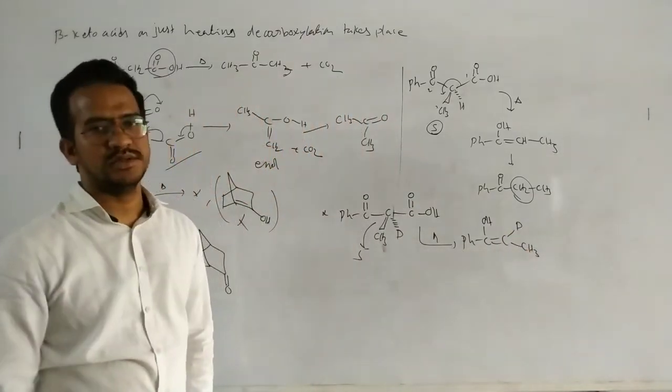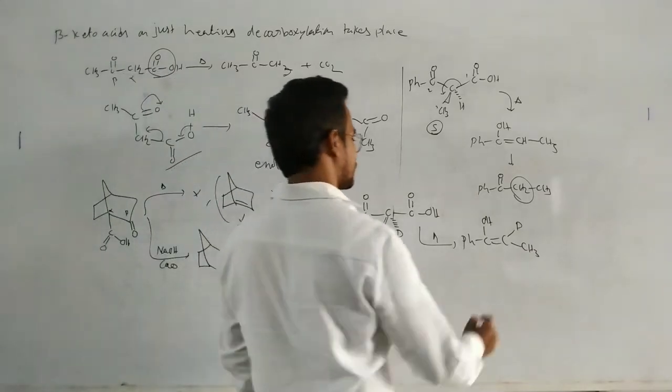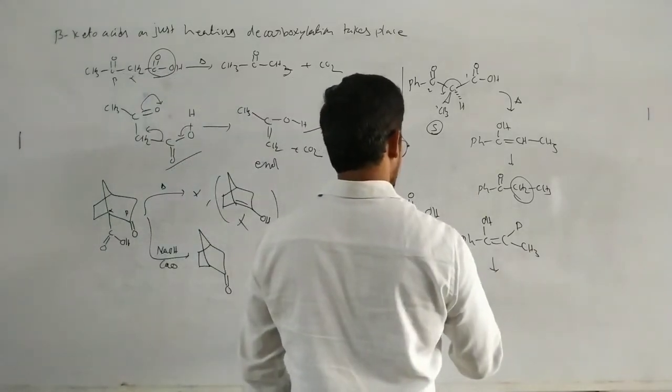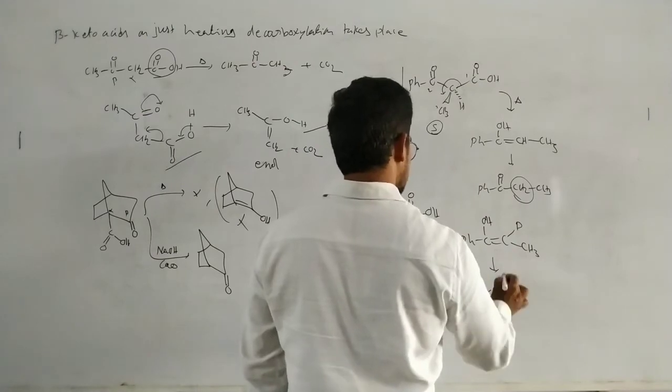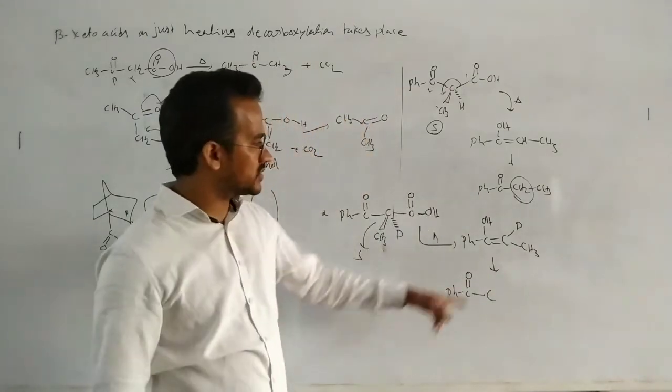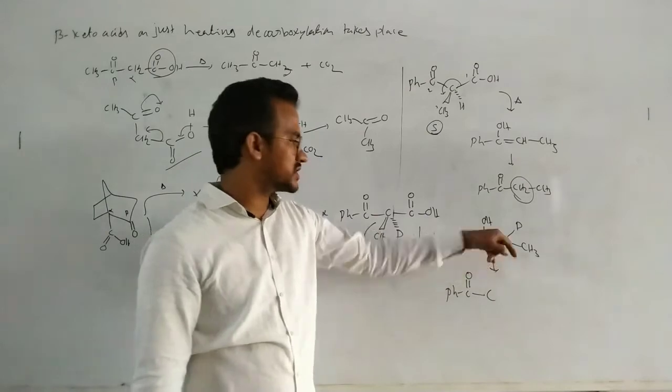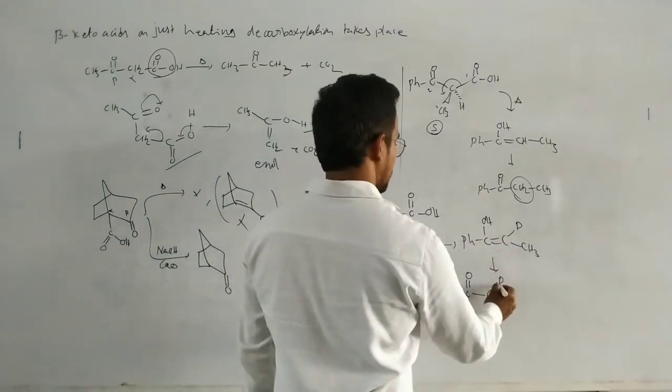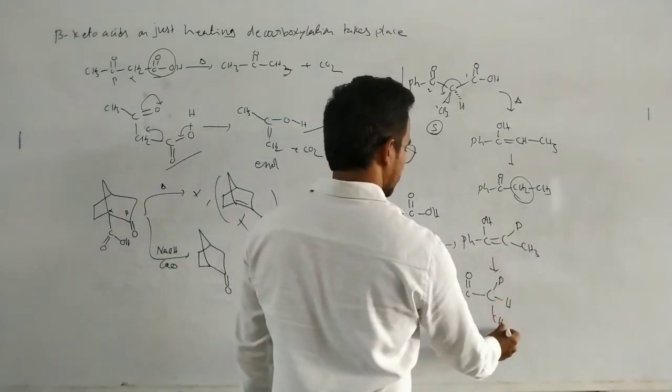Okay, D and CH3. In this case, now it is converted to ketone, Ph C double bond O, C. Okay, here hydrogen is transferred to this carbon. Now this carbon has a D, hydrogen and CH3.